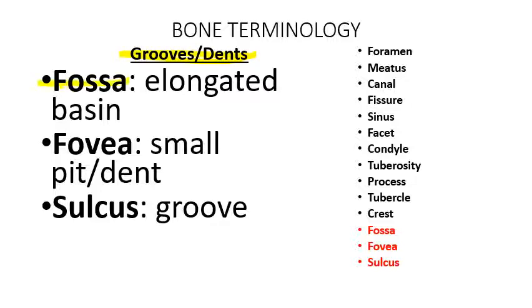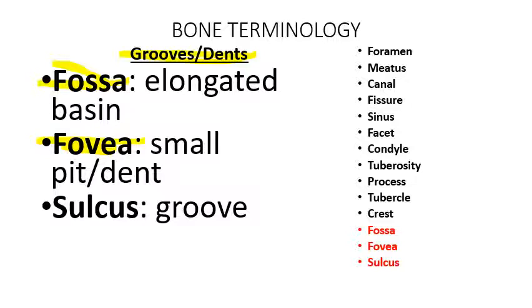Right, so a fossa is an elongated kind of a basin shape. The best example of a fossa is inside the pelvis. You know how the pelvis is nice and smoothly curved on the inside, and it looks like half of a bowl or a fragment of a bowl. So that's a good example of a fossa. A fovea is a small pit, right? So a very small dent.